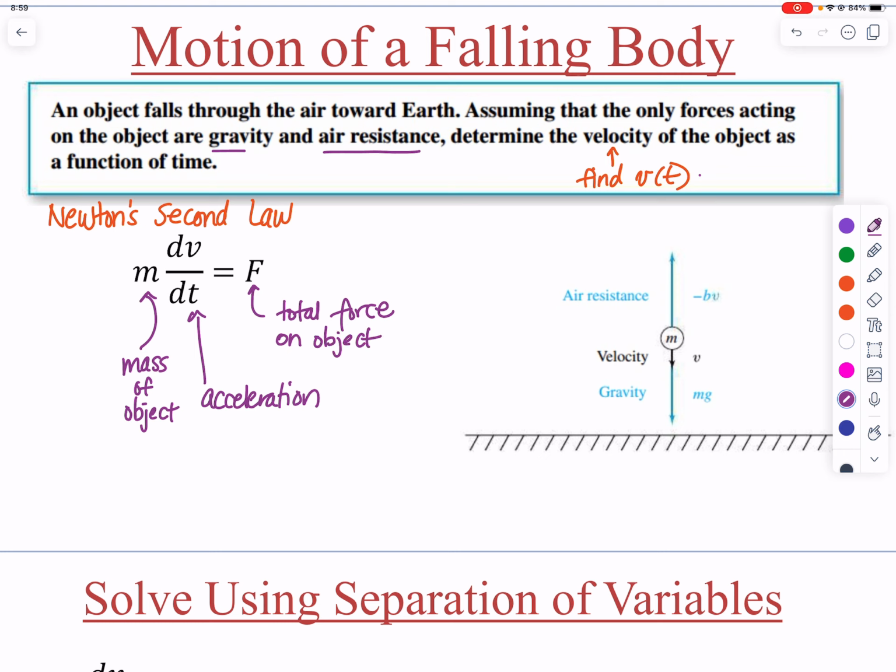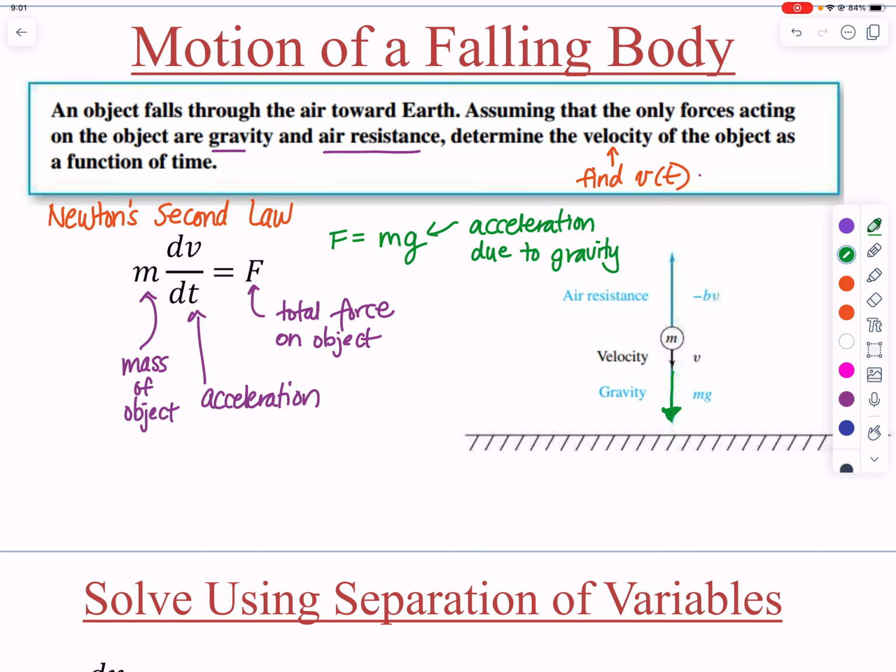Now, we talk about the force being expressed as mass times g, where g is the acceleration due to gravity. It is directed downward.